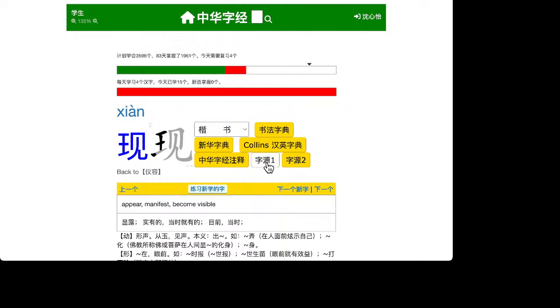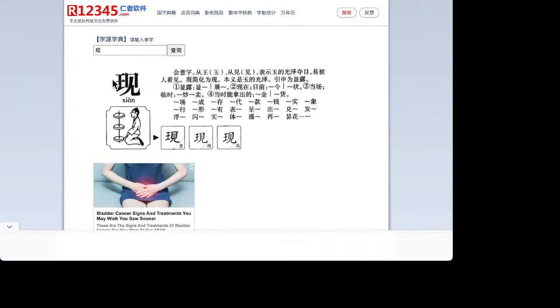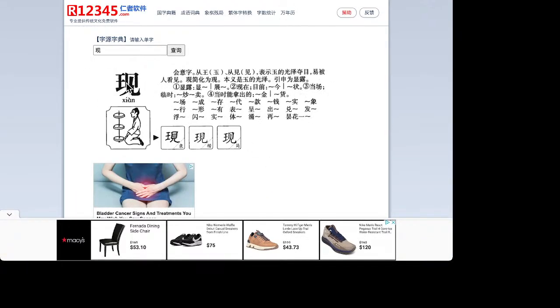线. This one on the left represents a jade, which is a beautiful and shiny, lustrous, reflective surface, which is highly visible. This on the right is 见, which is when you're looking at something and you see it.